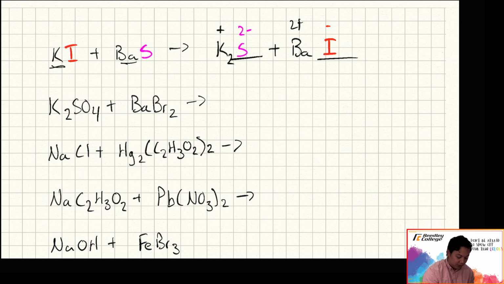Then for barium iodide, barium has a 2+ charge and iodide has a -1 charge, so we need 2 iodides to balance that charge. And it's at this point where you come back in and say, okay, now I need to balance the reaction, because that's the kind of question that I'll ask.